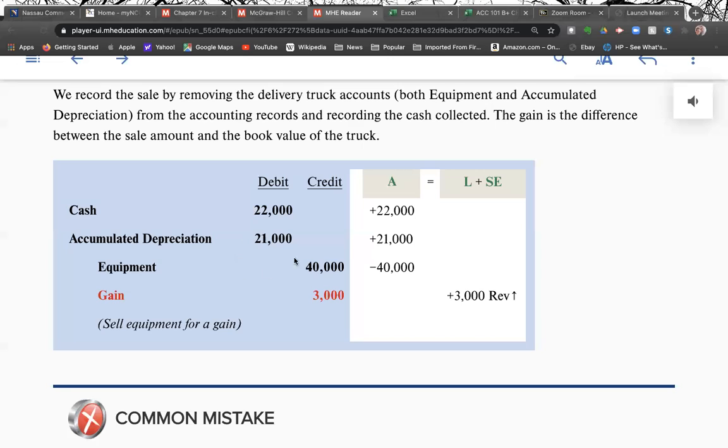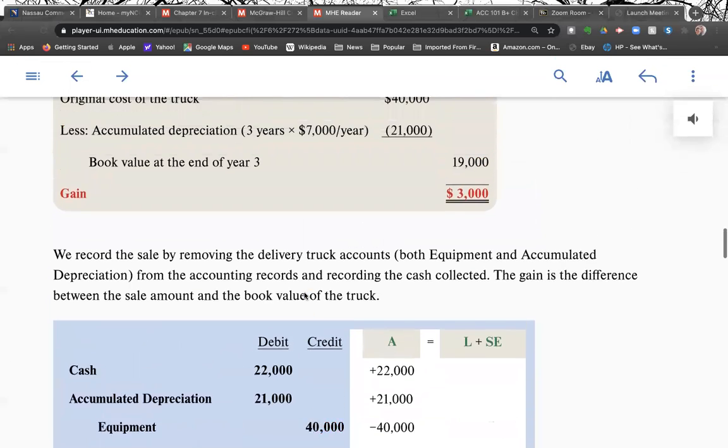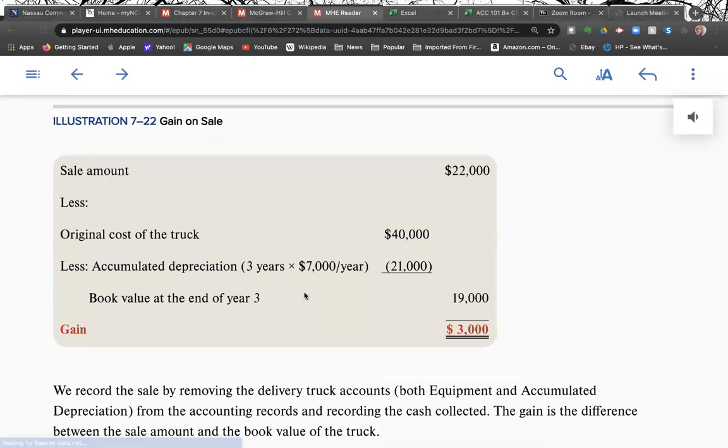The difference, the number that you need to balance your entry, because remember, every journal entry, the total debits have to equal the total credits. The number that you need to balance the entry is either a gain or a loss. If you need a credit to balance the entry, it's a gain. If you need a debit to balance the entry, it was a loss. So do you have to be able to calculate the gain or the loss?